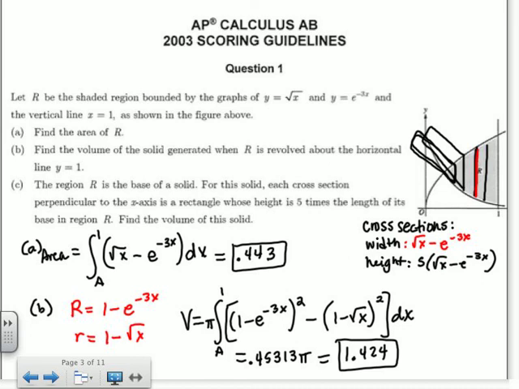When I add up all those areas, it's integrating, so it's finding the summation of all those. So I'm going to have volume equals the area of each cross-section: 5 times square root of x minus e to the negative 3x, and then times another one of those, so I'm going to square it.